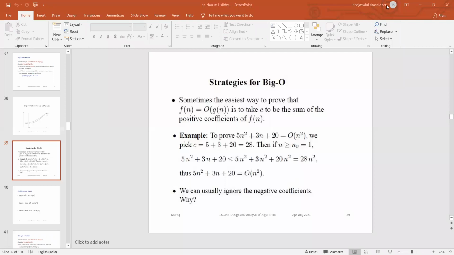So in this problem, if you have understood, kindly tell what is T of n for that particular problem. Kindly answer here, what is T of n? Kindly type in there.